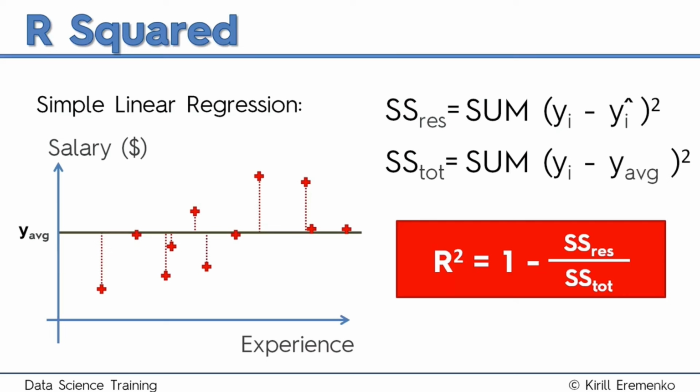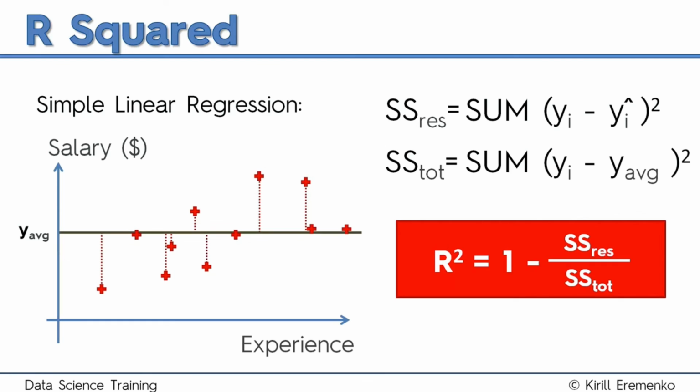A good question is, can R squared ever be negative? The answer is yes, of course R squared can be negative, and that is if, for instance, your SS residual actually fits your data worse than your average line.